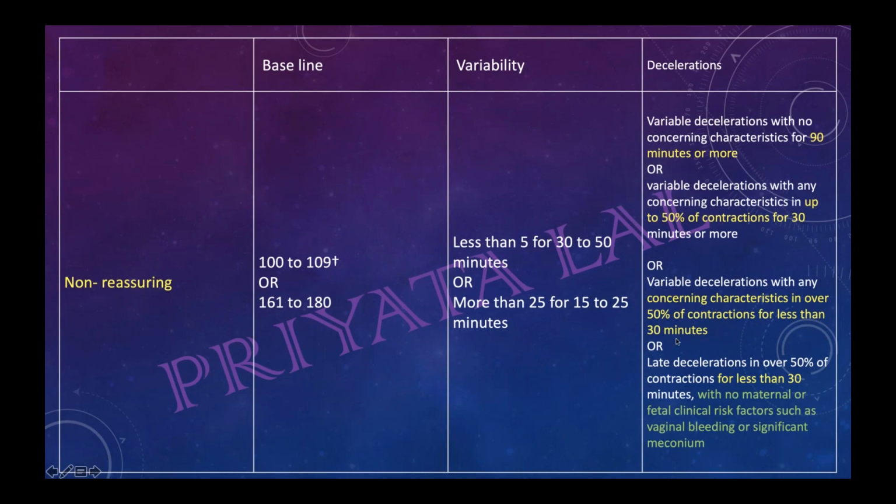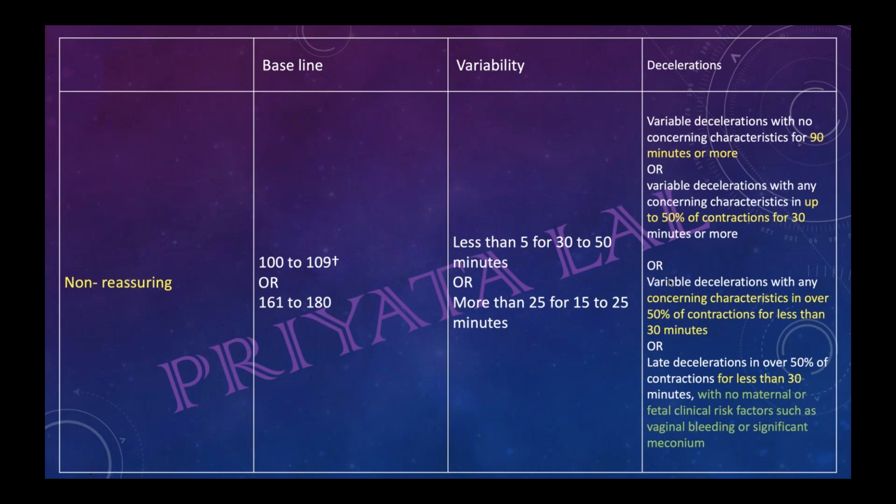How to count 50% of contractions? In a trace you will find, so we will do that as well. If you find 4 contractions, for 50% it has to be more than two decelerations, then it will be more than 50%. If it is more than half the number of contractions, then it will be more than 50%.